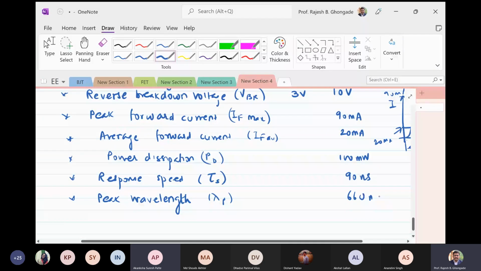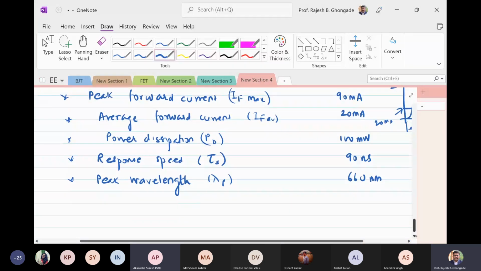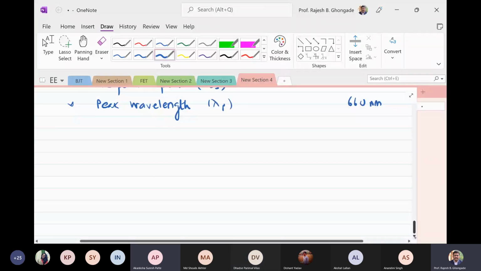Now this is for a specific diode, specific LED. Depending on the different LEDs, you can have different values over here. Ideally, this is what you should look out for in the datasheet while selecting the LED.